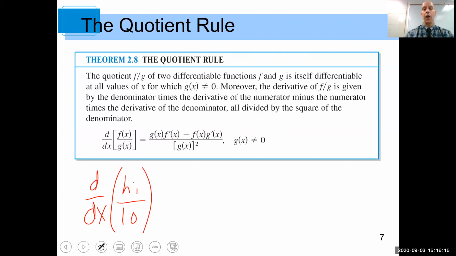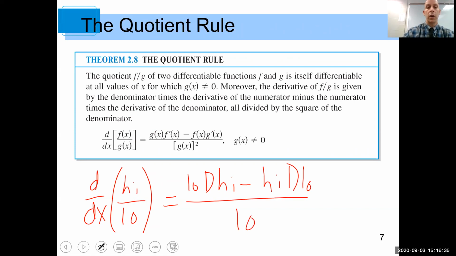High just means the function that's on the top, and low means the function that's on the bottom. So the derivative of high over low is going to be low d high minus high d low over low low, or low squared.